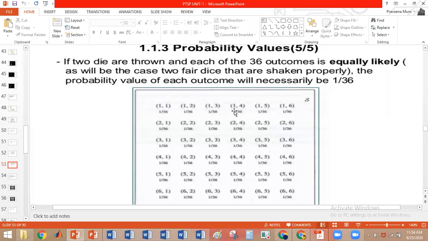If you count the number of elements, we have 36 elements. Since each outcome is equally likely, the probability of occurrence of each outcome will be 1 by 36, so that each outcome has identical probability.